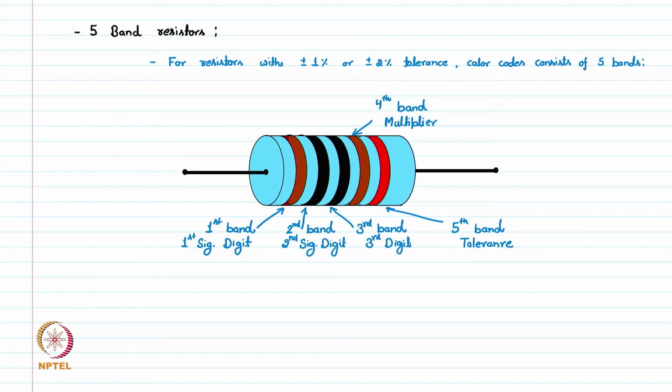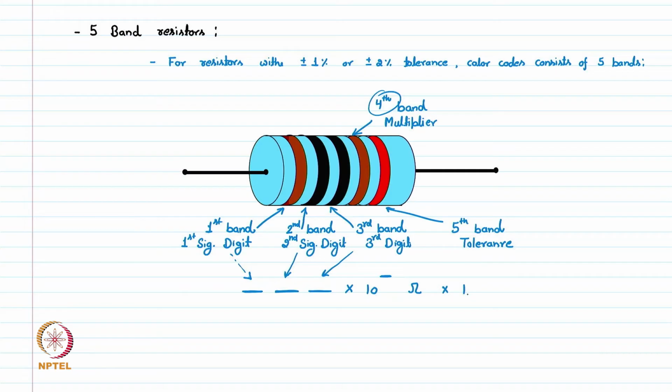And the formula is very similar to this. So now we have the first digit, second digit, third digit, which come from the first ring, the second ring, the third ring, and then we have 10 to the power multiplier, which comes from the fourth band, and the tolerance.